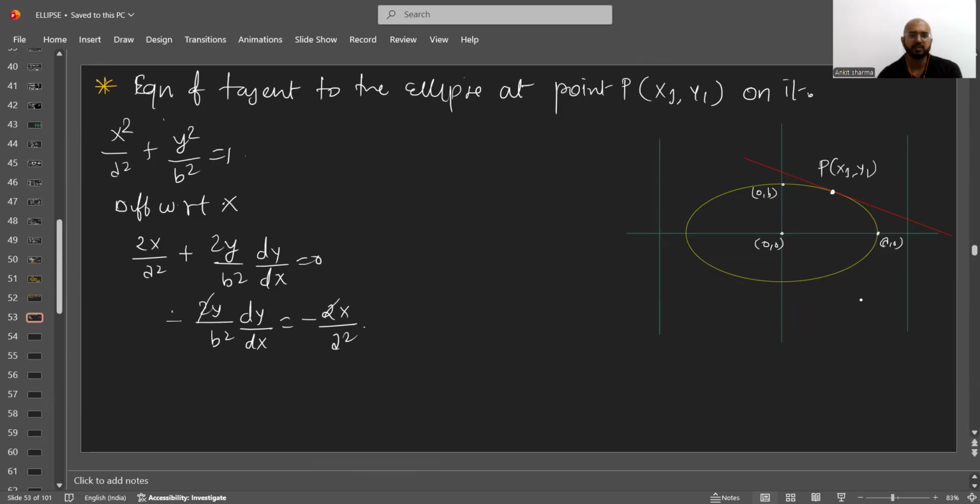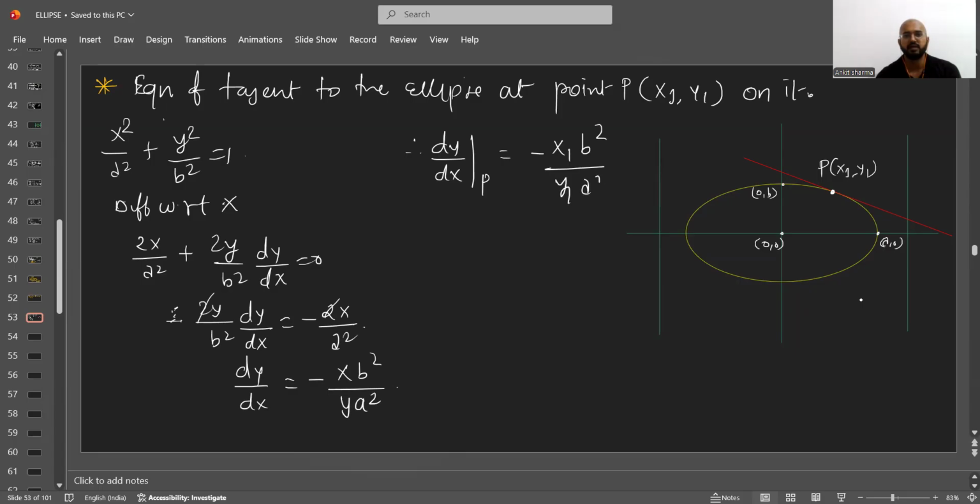The 2 and 2 get cancelled, and I get dy over dx is equal to minus x b square over y a square. Now I want the slope at the point x1, y1. So dy over dx at point P is going to be minus x1 b square over y1 a square.